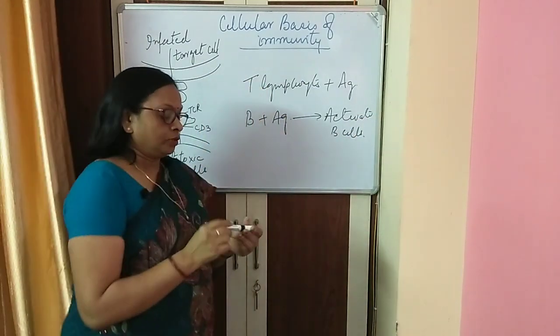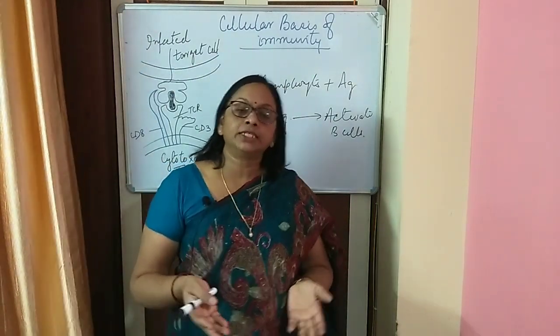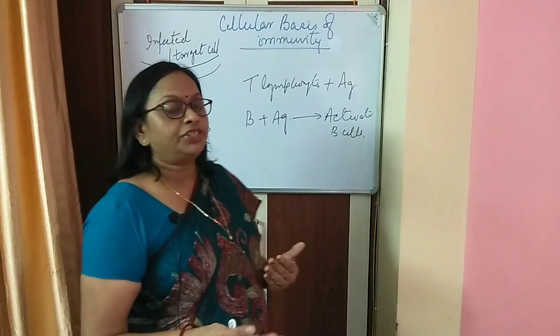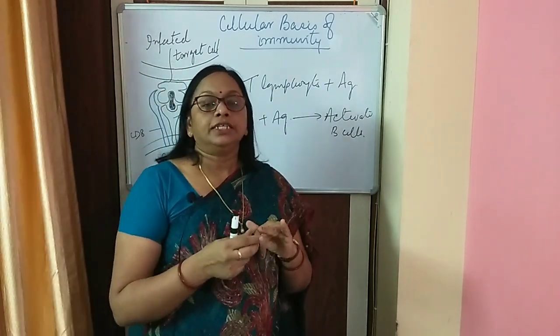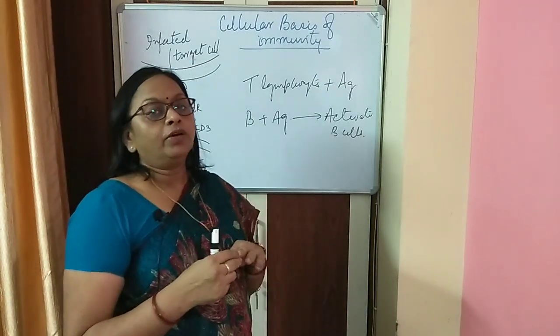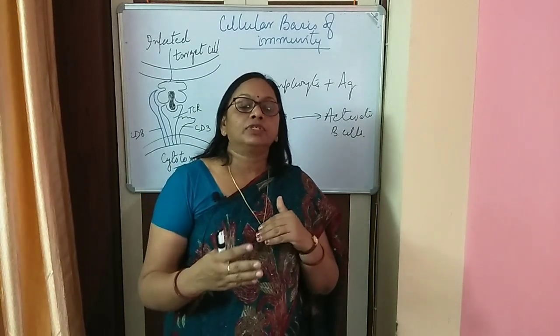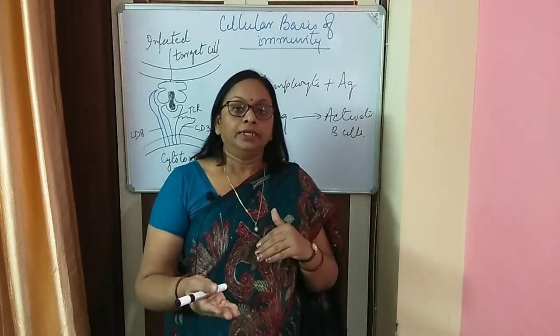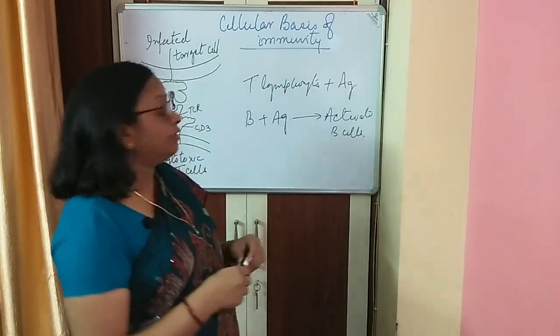I also told you that there are different types of T lymphocytes. They can differentiate into T helper cells, T cytotoxic cells and T suppressor cells. So it depends on the type of cell with which the T lymphocytes are going to interact. Type of cell means whether the cell is infected.